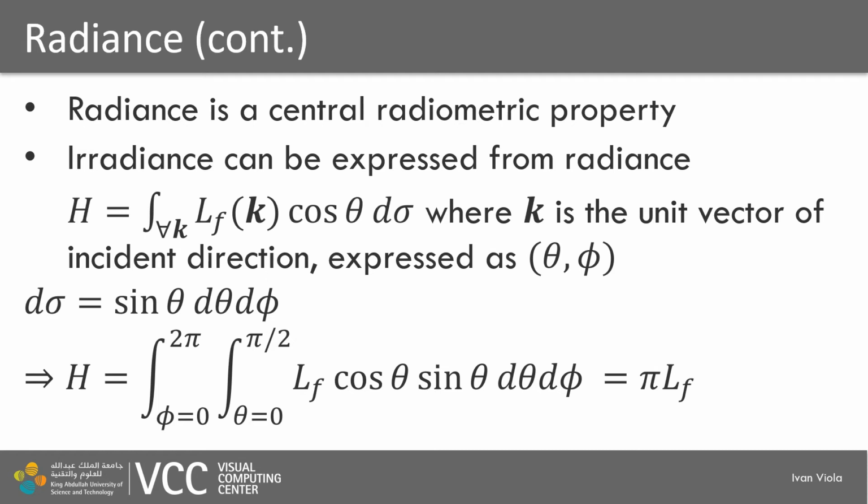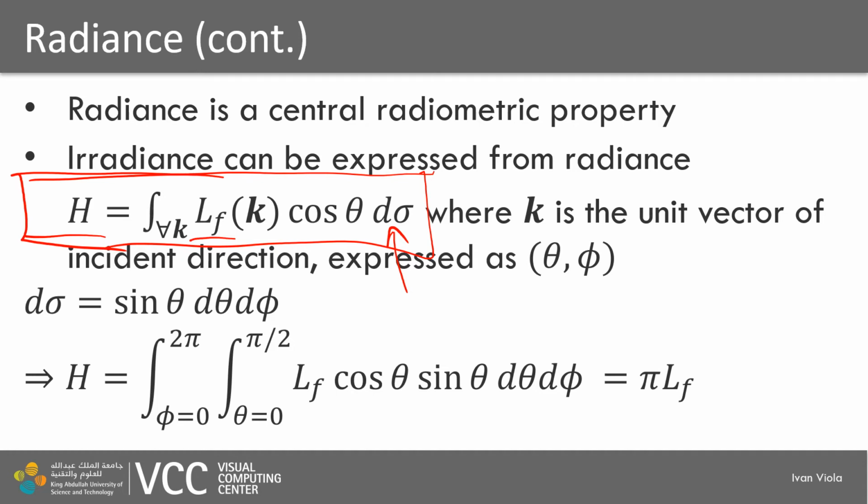So irradiance, for example, can be obtained from radiance, and you can intuitively understand, as already mentioned, that the irradiance can be obtained from the field radiance over all incoming vector directions k over the entire hemisphere. So with this formula, we can obtain the irradiance, and we can also reformulate the equation such that the solid angle will be decomposed into the two angles which are parametrizing a sphere or a hemisphere.